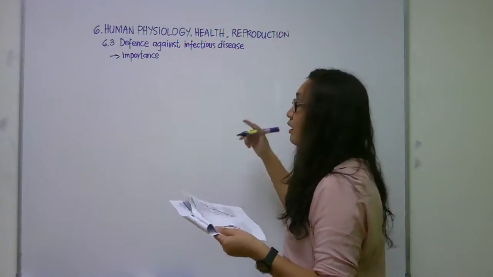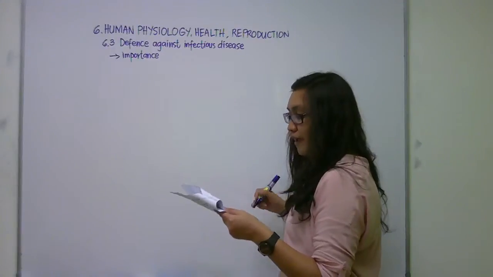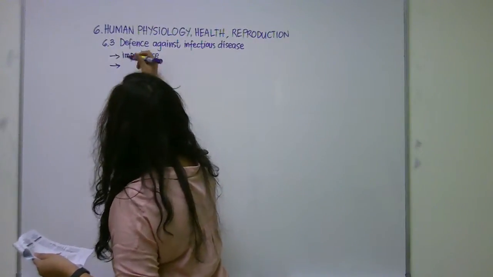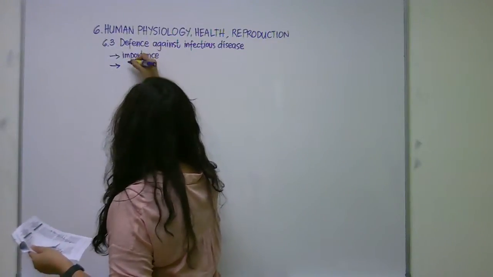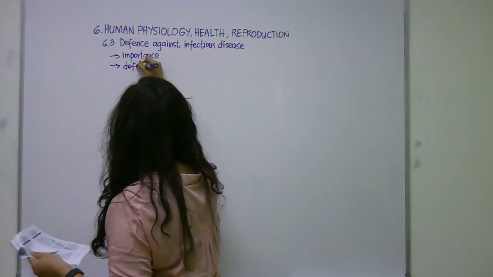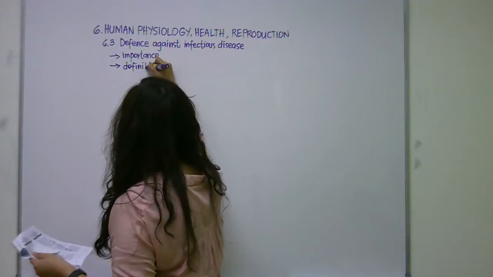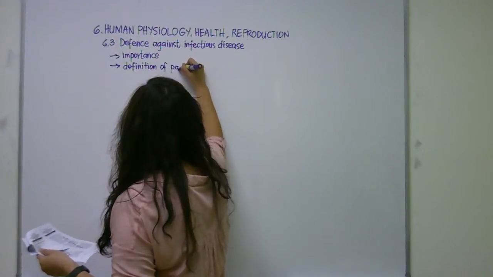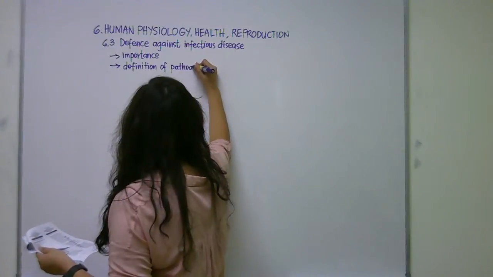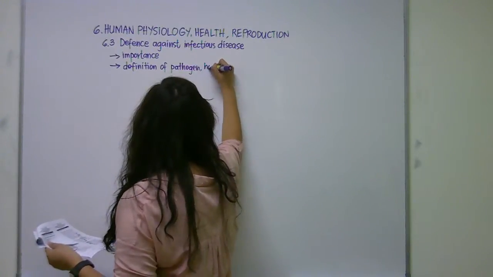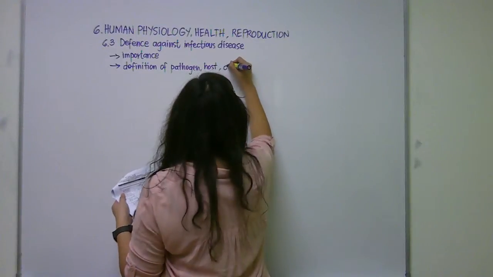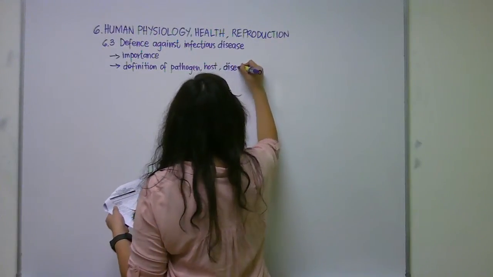Once we have discussed the importance, we need to discuss the differences, or how we define things. We have to discuss what a pathogen is, a host, and of course having a disease.